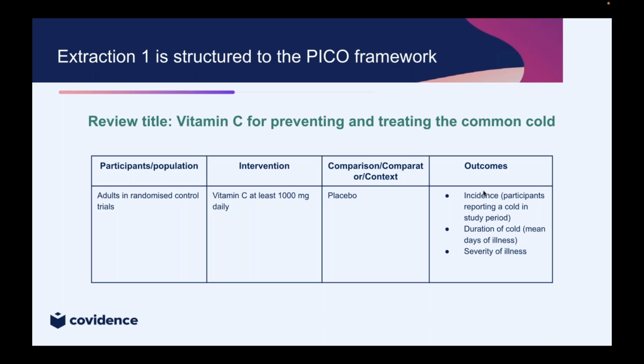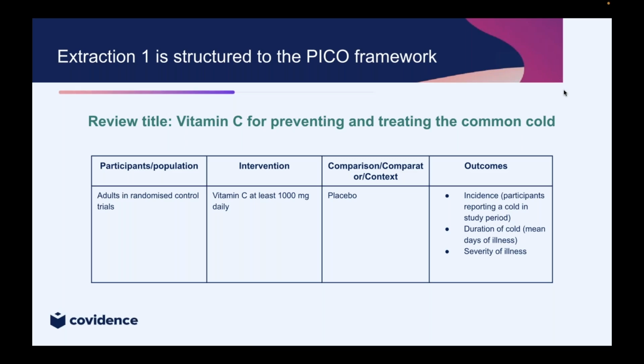Next is the intervention, which is usually the treatment you are investigating. So in this review, we're looking at the effectiveness of the intake of vitamin C at least 1,000 milligrams daily. And if you decide to use one, the control or comparator is the treatment you want to compare with the intervention. So for example, I'm interested to look at the effectiveness of vitamin C daily versus placebo.